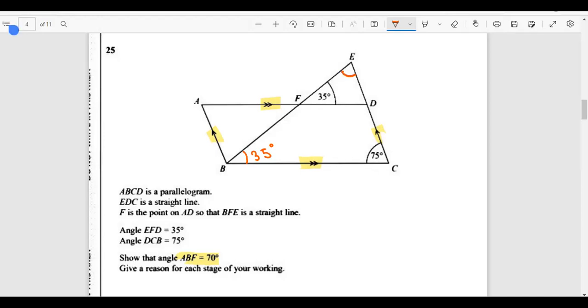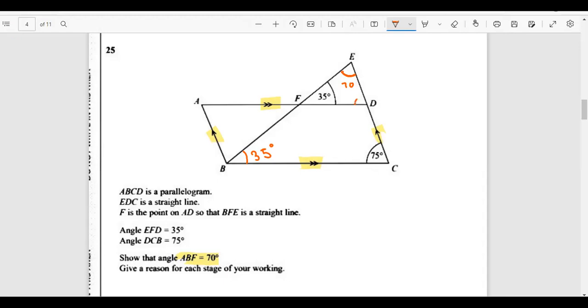All right, okay, 70. And then we know that 105, then D would be 75.